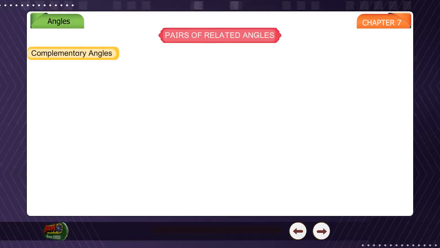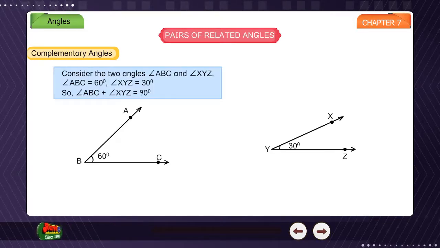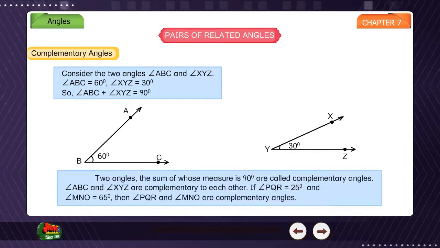Complementary angles. Consider the two angles, angle ABC and angle XYZ. Angle ABC is equal to 60 degrees. Angle XYZ is equal to 30 degrees. So, angle ABC plus angle XYZ is equal to 90 degrees. Two angles, the sum of whose measure is 90 degrees, are called complementary angles.